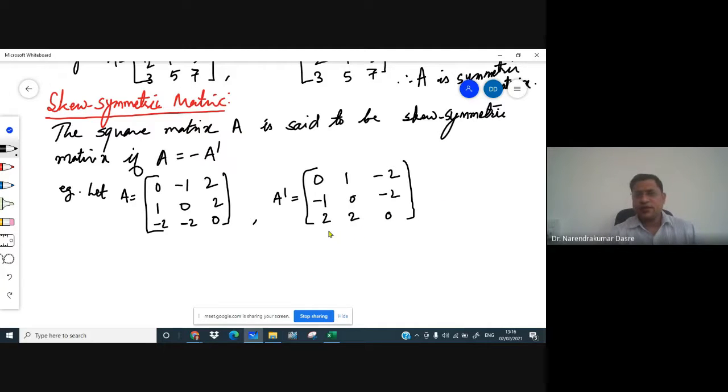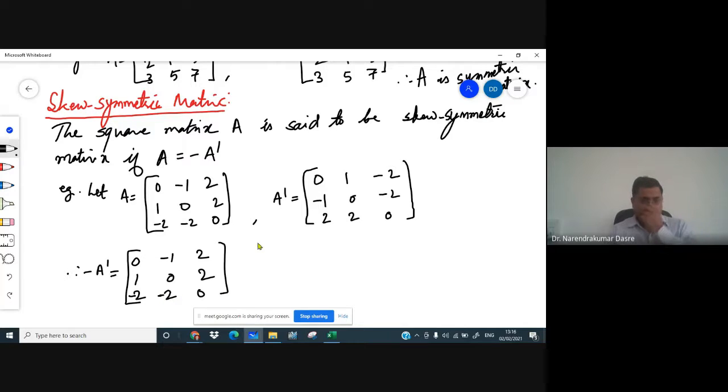And now I consider minus A transpose. So if I consider minus A transpose, multiply every entry of this matrix by minus. So we'll be having 0, minus 1, 2, then 1, 0, 2, and then 2, minus 2, minus 2, and this will become 0.